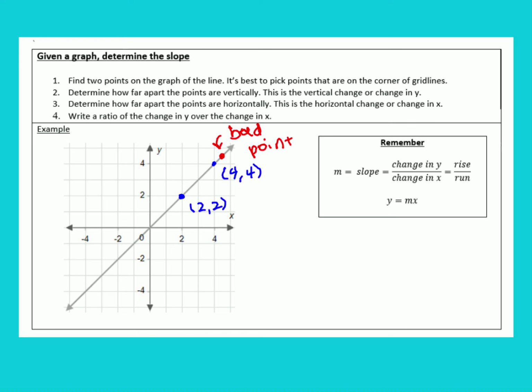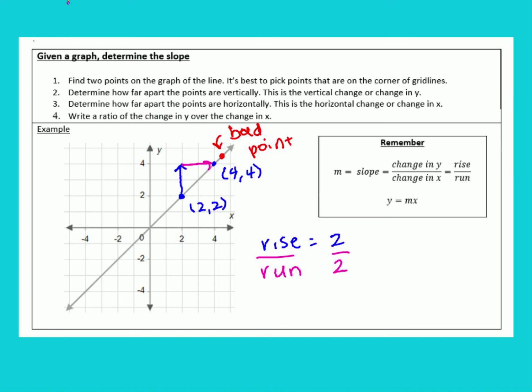So you want to find your slope first. So figure out how far apart the lines are vertically. That's your rise. So from the left point to the right point, we have to go up 2. So my rise is 2. And then the run, we have to go 2 to the right. So my run here is 2.